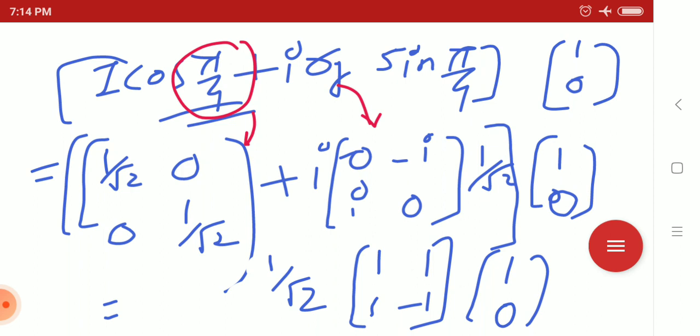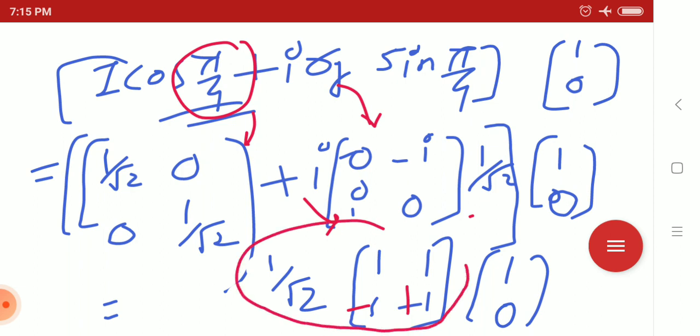So i into −i is −i², that means plus 1, and i into i means minus 1. Here it will be plus, here it will be minus. Now take 1 by root 2 common from both matrices. After taking it common, we will get 1/√2 [1, 1; −1, 1].